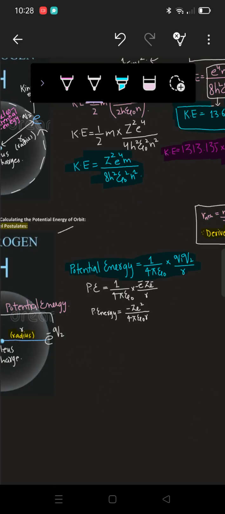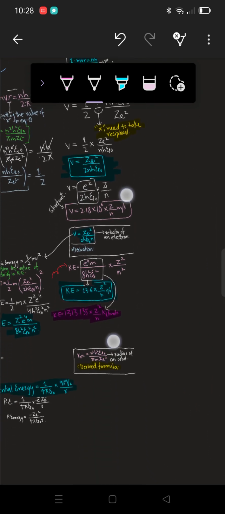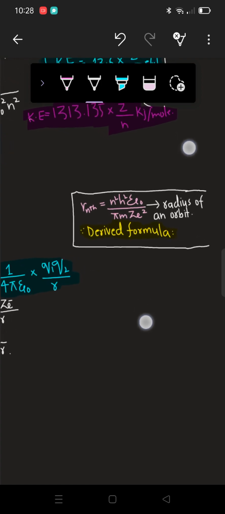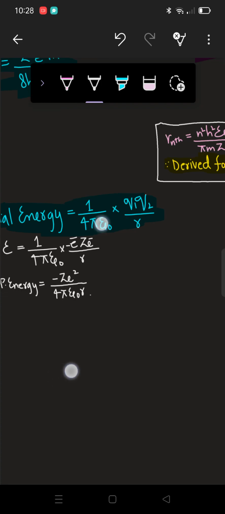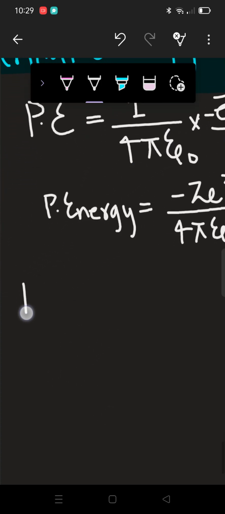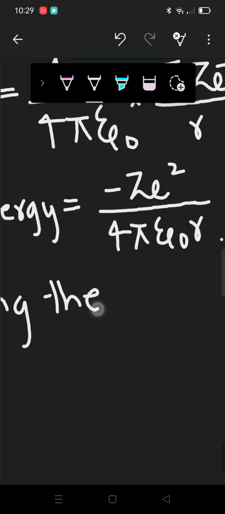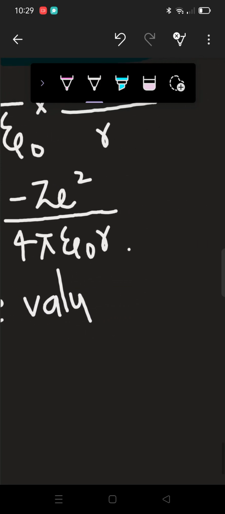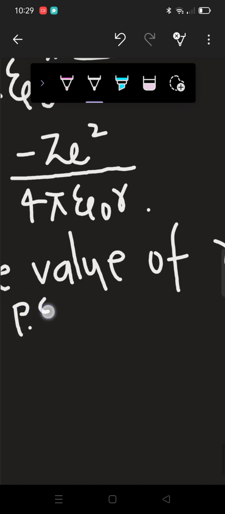Now let's substitute the value of r, as you can see in the denominator. I have written the derived formula of r on the right hand side: n square h square epsilon naught upon pi m z square. So let's put that value of r in the potential energy formula.